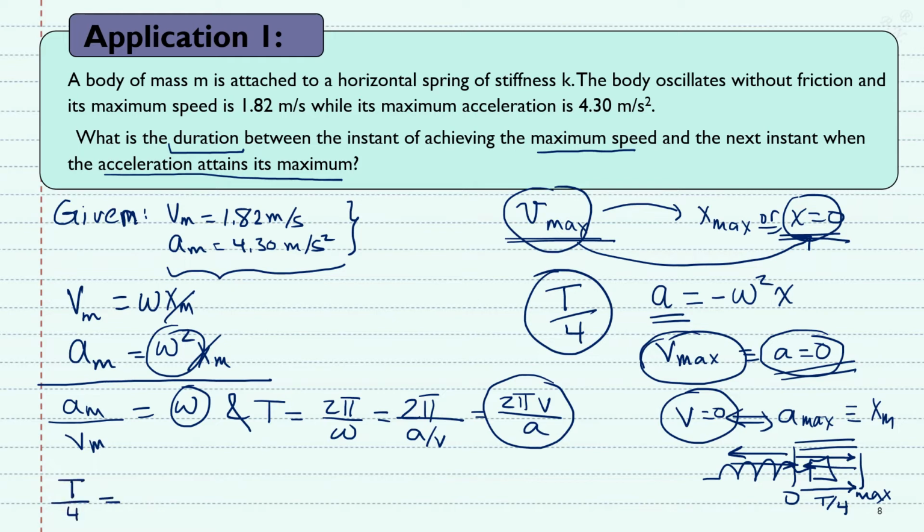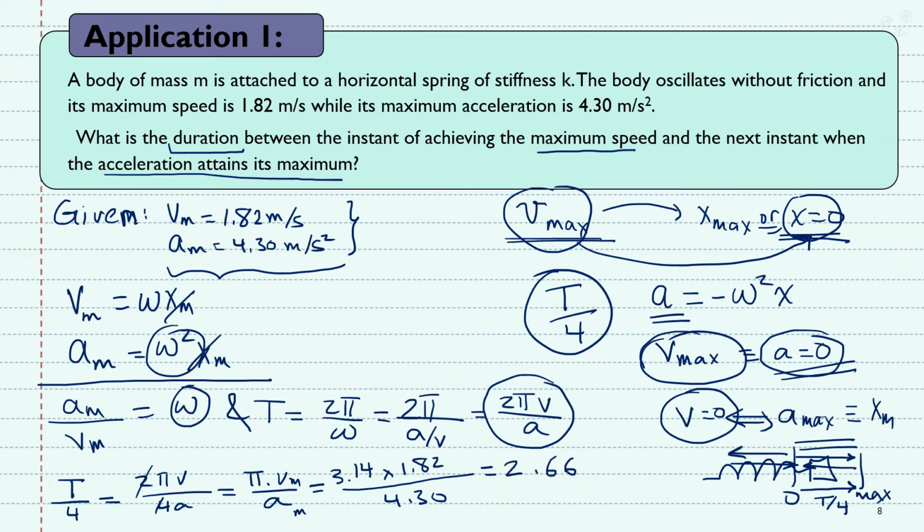It becomes simply 2 pi V over 4A, simplifying 2 and 4, we get pi times V over A. Now jotting in the values, 3.14 multiplied by V max, which is 1.82, and dividing the whole thing by A max, which is 4.30, taking 3 decimal digits, we get an answer of 2.65 something, 2.66 because we rounded up, seconds, divided by 4, which is 0.665 or 0.67.